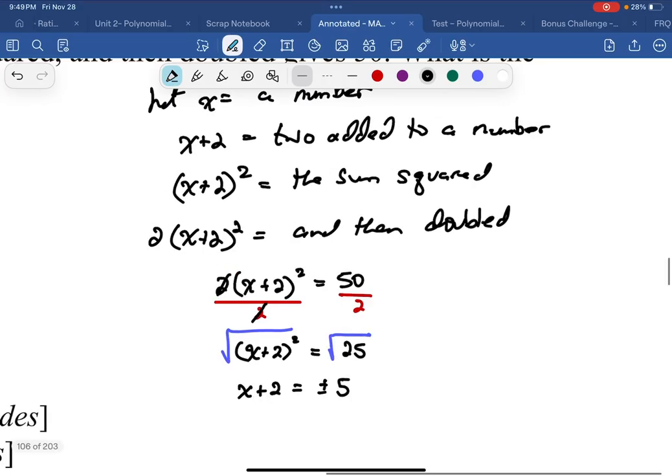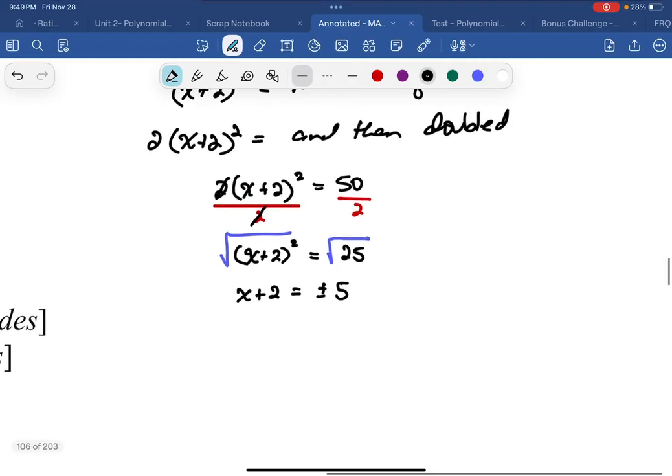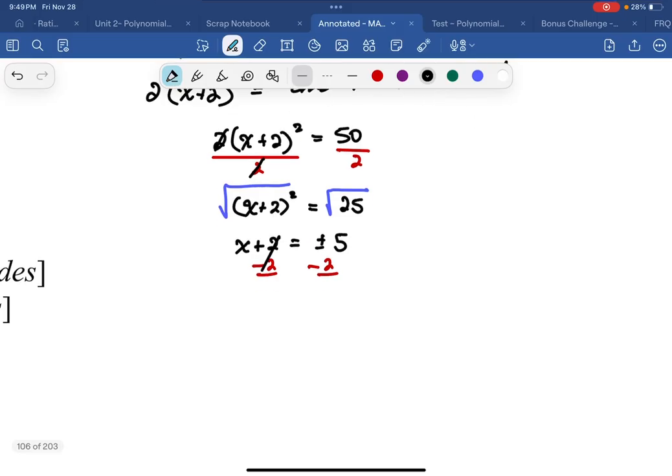All right. And then it was 2 added to a number, so let's subtract 2 from the number. So x would be equal to negative 2 plus or minus 5. We tend to put the plus or minus term off at the end. It's not a requirement, but it just feels a little bit more compact, which is not a bad thing.